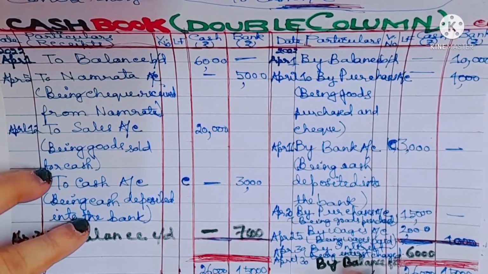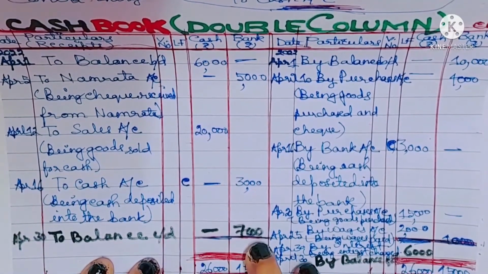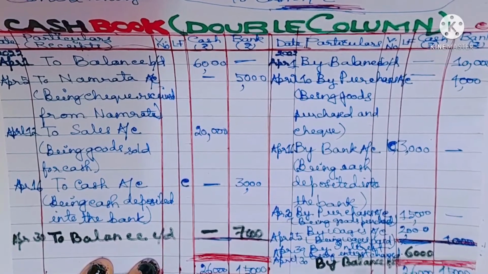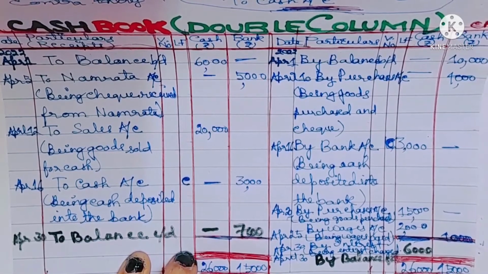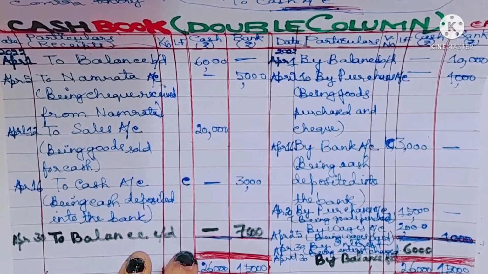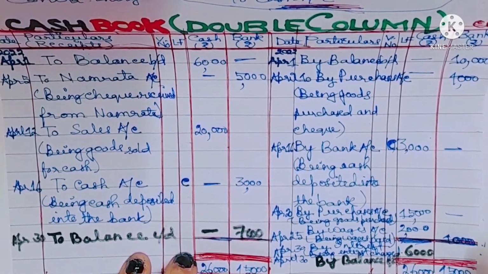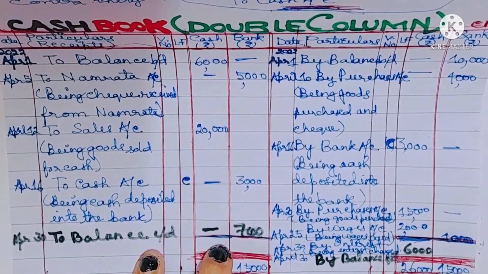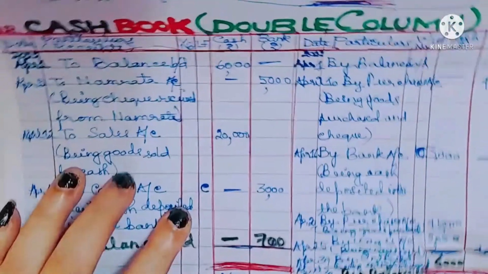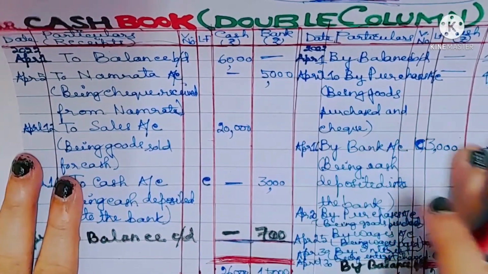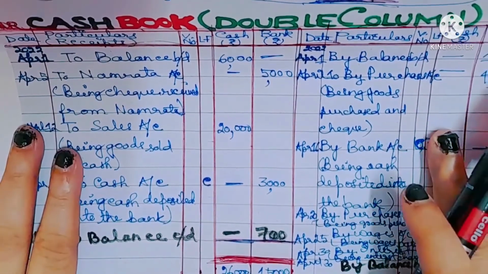Okay, and this credit balance or closing cash at bank will be brought forward beneath the credit total by balance BD. This is the credit balance. That means in the month of May also this will be an overdraft, 7,000. So now the double column cash book is balanced.